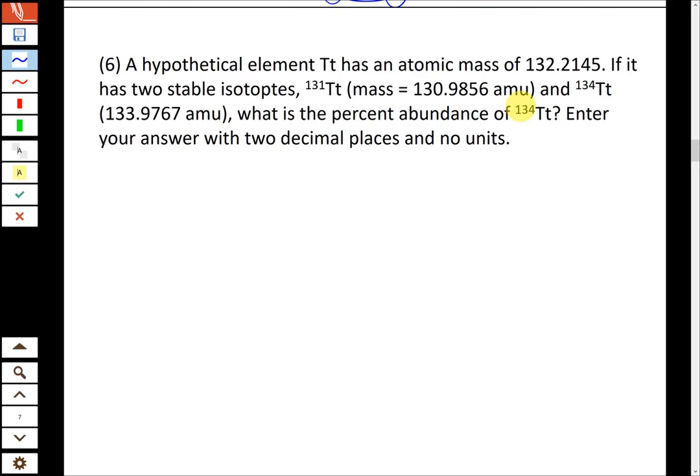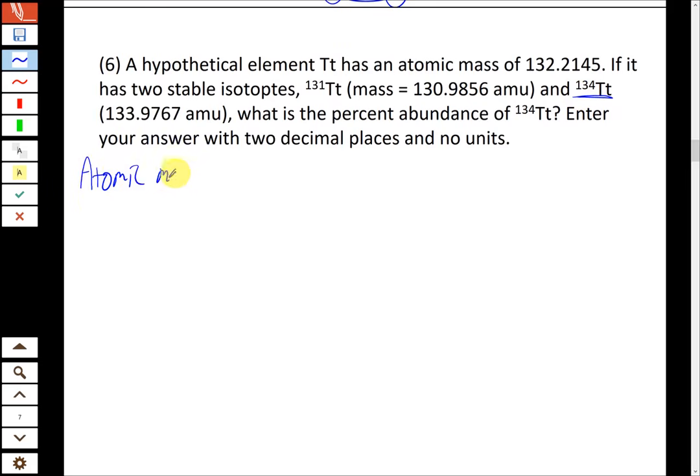In any problem like this, no matter what we're asking you to solve for, and what we're asking for here is the percent abundance of the 134 isotope, though we could also ask you to solve for other things, they all revolve around the definition of atomic mass.